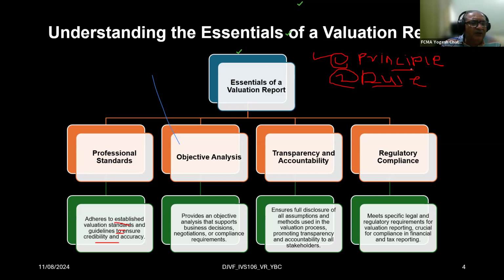And a rule-based valuation. If you take the example of doing a valuation as per the provisions of the Income Tax Act, Rule 11UA of the Income Tax Rules, you necessarily need to follow the methodology prescribed under Rule 11UA, like the NAV method. When you are doing valuation as per IBC, the CIRP process, liquidation process or voluntary liquidation, you need to follow the guidelines under the Insolvency and Bankruptcy Code.